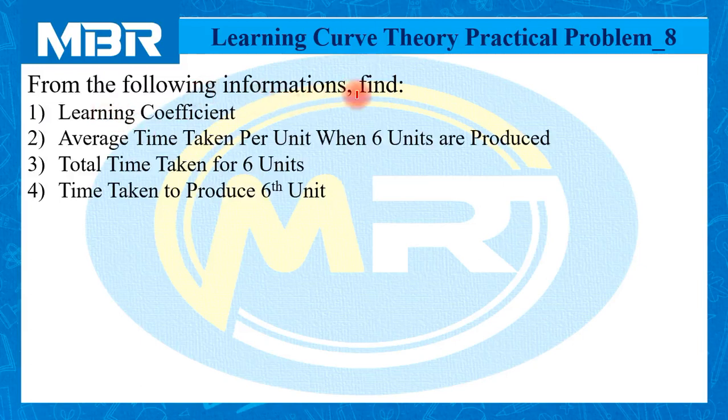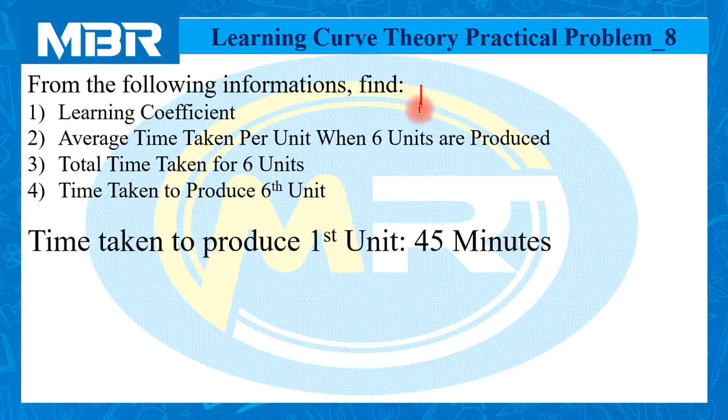From the following information, find the learning coefficient, that is the value of B. Average time taken per unit when 6 units are produced. Total time taken for 6 units and time taken to produce the 6th unit. Here we have to calculate average time when the company has manufactured 6 units.